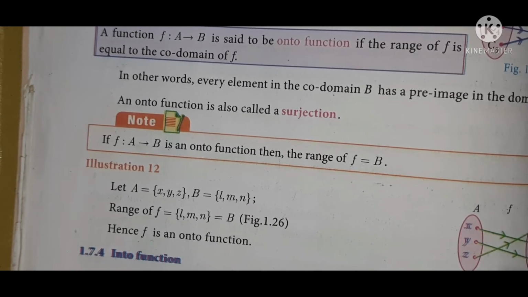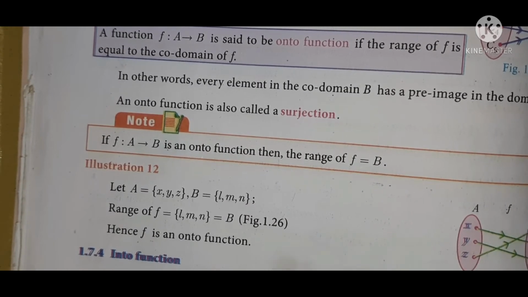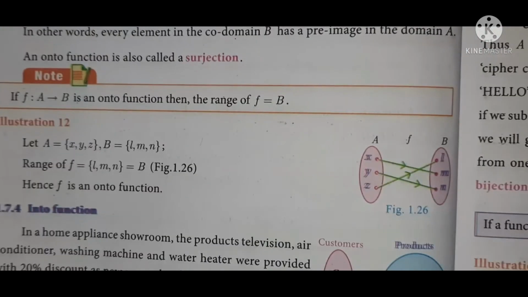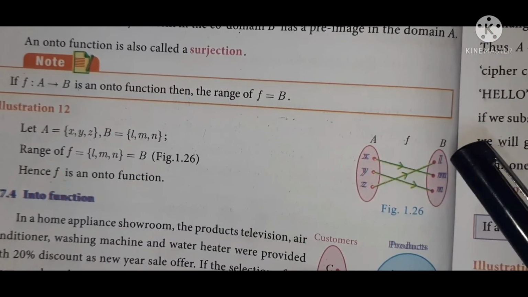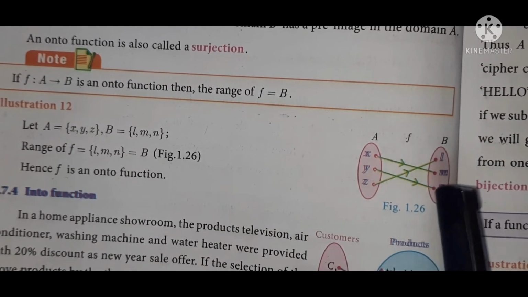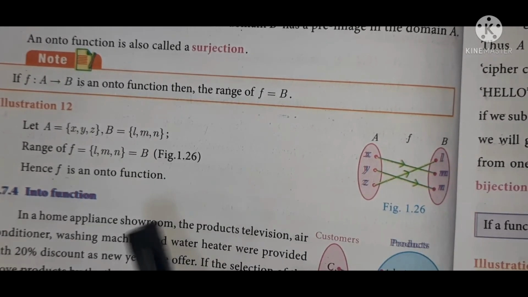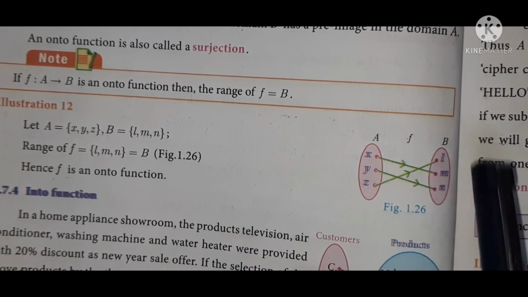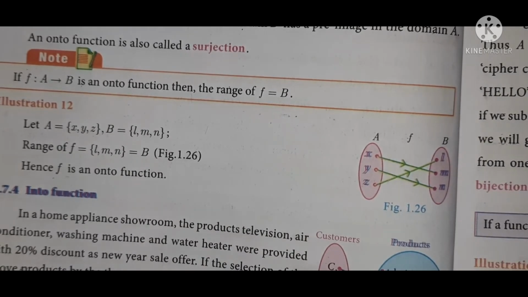See the arrow diagram. All the elements in B have a pre-image in A. So it is an onto function. The range and codomain are equal.